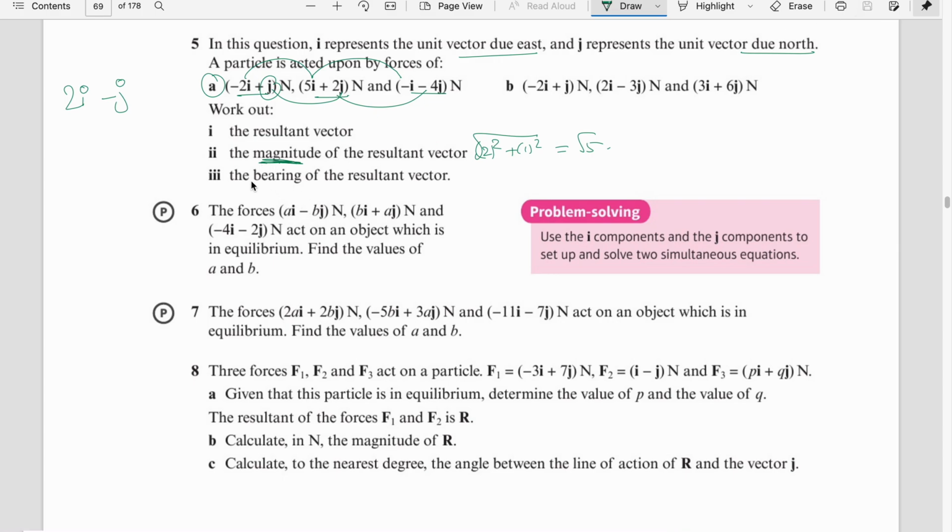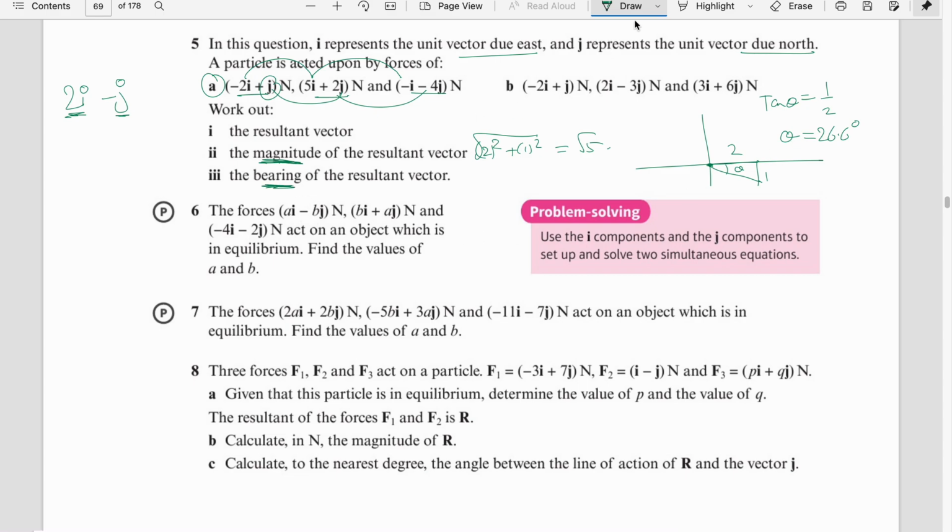That is the magnitude. Now the bearing of the resultant vector. So we know this is 2i and minus 1j, so positive 2 and minus 1 is downwards. So I can find this angle theta, where tan theta equals perpendicular over base, and theta equals shift tan of 1 by 2, that is 26.6 degrees.